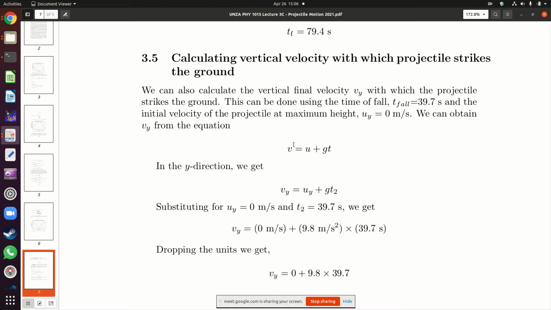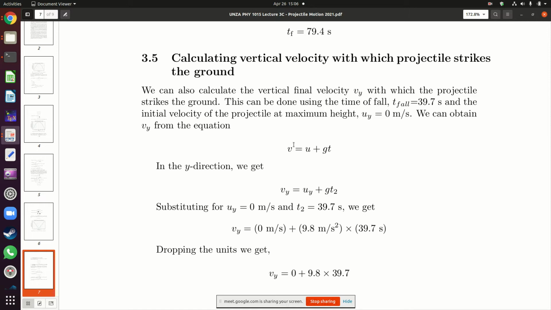So there's acceleration which is positive as your projectile is coming down from maximum height. We know how much time this is going to happen for. We have worked out the fall time, which is 39.7 seconds. So we can use this information to work out the velocity with which our projectile will hit the ground, only in the y direction.